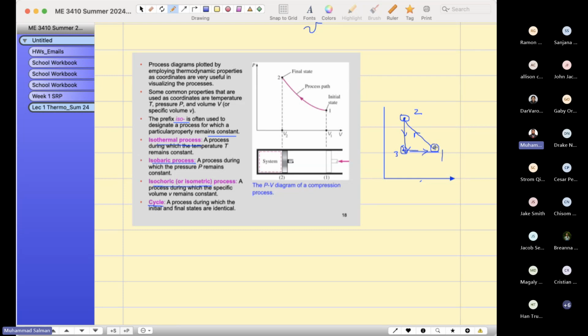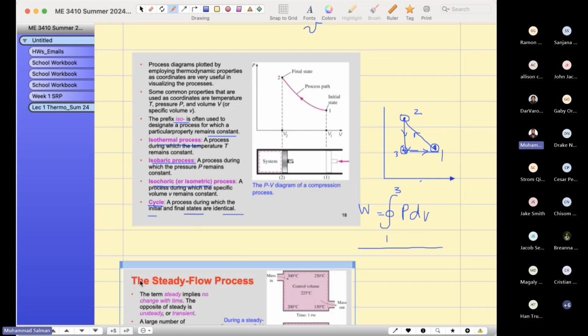It comes back to the initial equilibrium state. This is known as a cycle, like we usually call from 1 to 3 in a cycle. What is the total work done in a cycle? You see my point, guys? So you can find a process during which initial and final states are identical. This is a cyclic process.